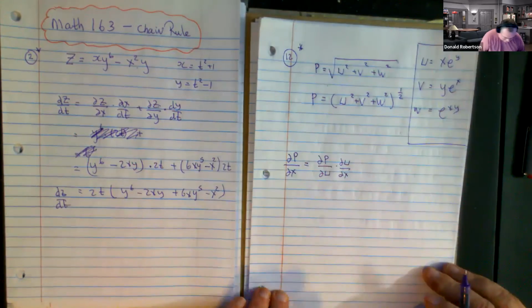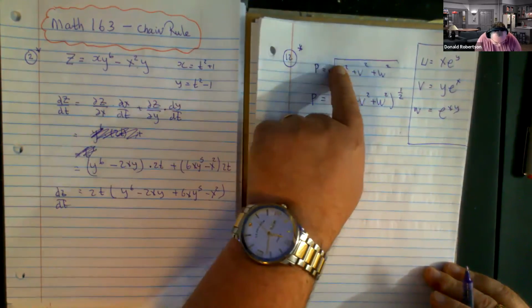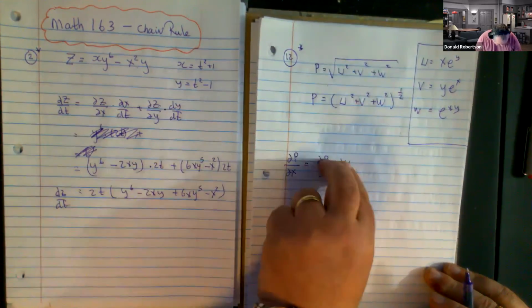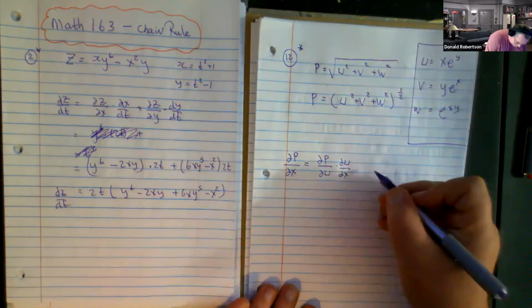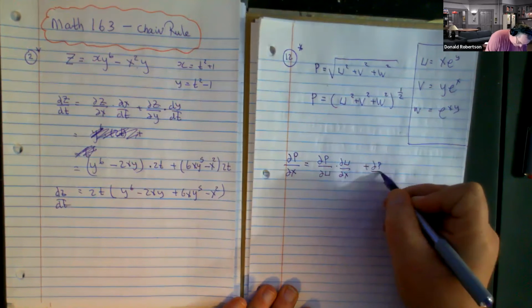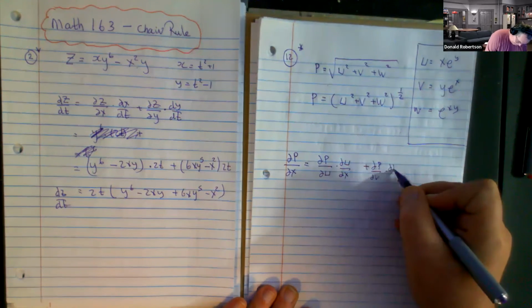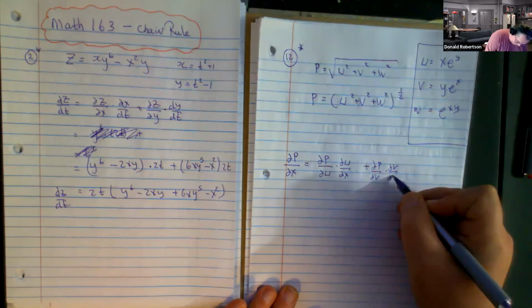There's the first piece. P is in terms of u, v, and w, so there are going to be 3 pairs. This is the one that gives you the contribution with u. There's the one.